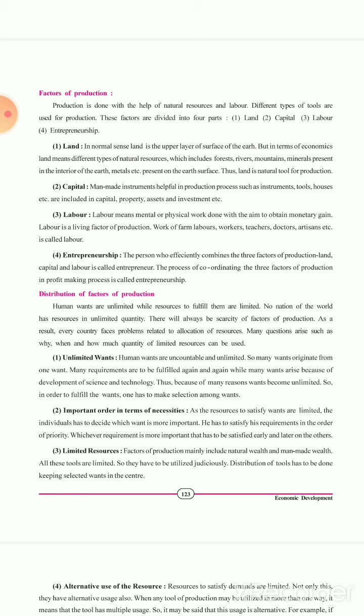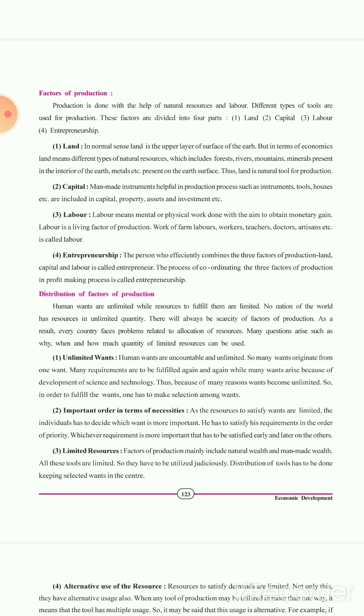But suppose a businessman is having his own building where production can take place, then that property, that building becomes a part of capital. If a person who is a manager is given a car or a flat, it also becomes a part of capital. So, in this way, all man-made instruments which are helpful in production are included in the term capital.